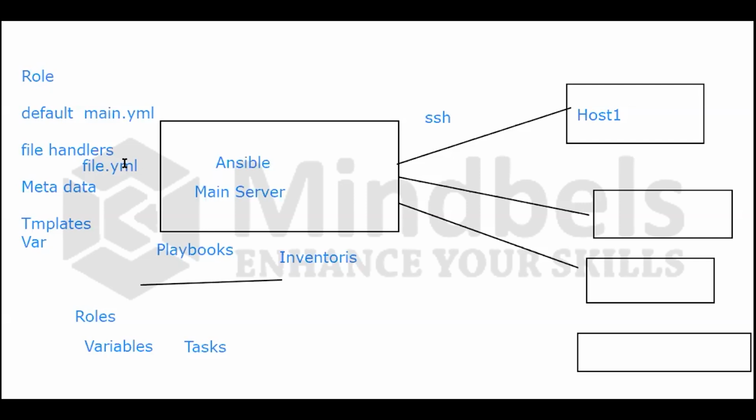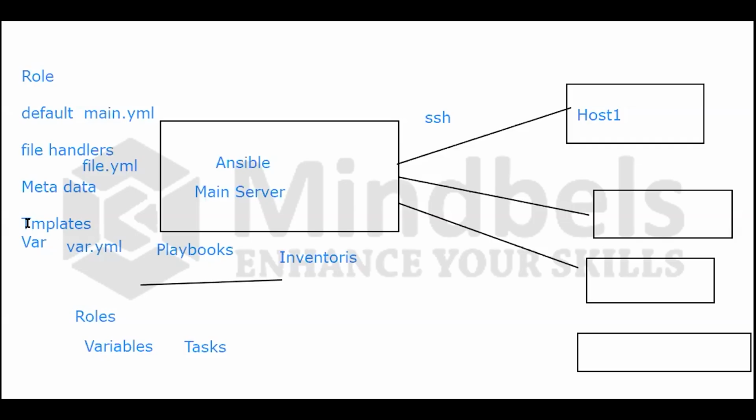So we are writing a playbook for that. Suppose for variables, I will say var.yaml is my playbook, which is a file, because Ansible always takes YAML files. So whatever we mention is in a YAML file. So var.yaml is there.